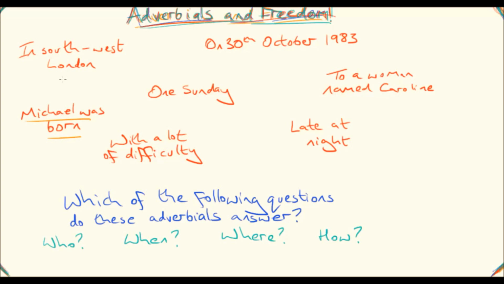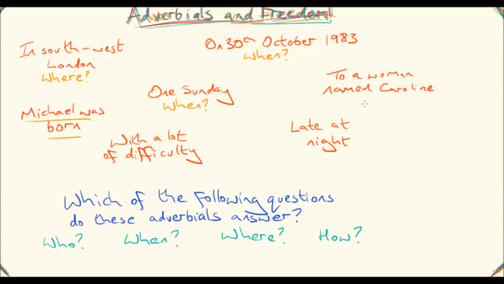Now, in southwest London, what question from the bottom does that answer? Well, clearly, that's where. On 30th of October 1983 is, of course, when. One Sunday, well, any random Sunday, in fact it's that Sunday on 30th of October, is another when.